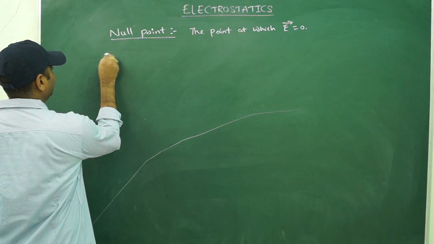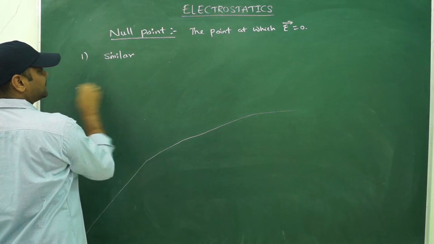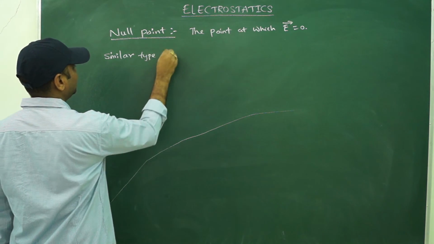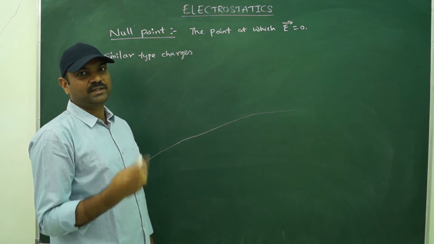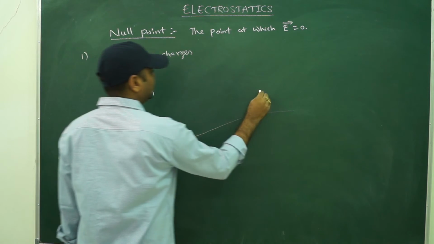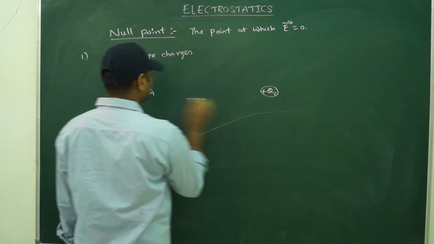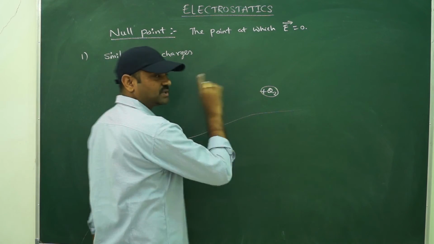I am taking similar type charges, the first case. What is the meaning of similar type charges? I am taking positive charge and positive charge, or negative charge and negative charge. So I am taking plus Q1 and plus Q2, the same type of charges, or you can say minus Q1 and minus Q2.